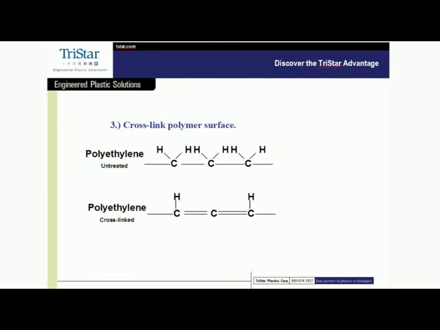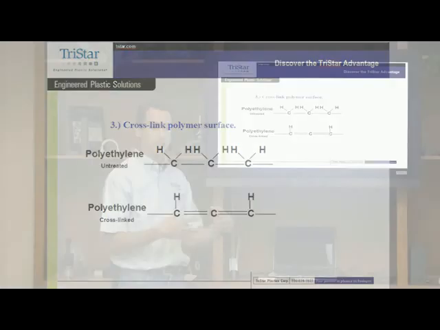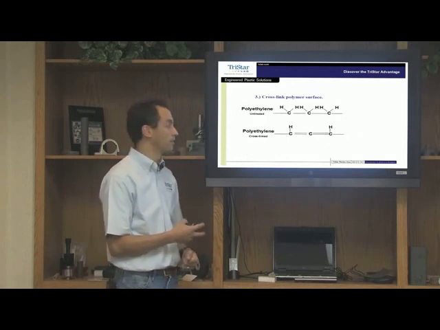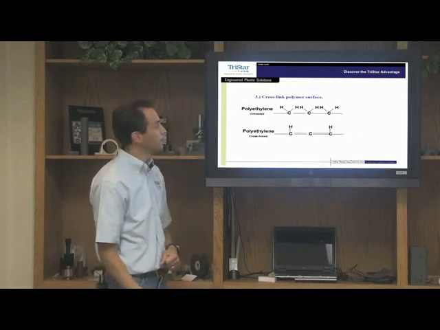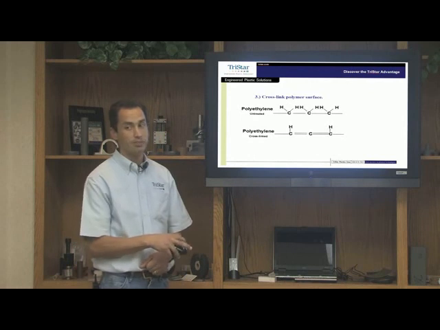So in this case, how this occurs is when we have an ion hit the surface of the polymer, all the molecules on that surface get blasted and bonds are broken. And in some cases, they rearrange and go to a much more stable state. And in some cases, that's a double bond. And when that occurs, that surface is much more stable and a little tougher. So plasma processing is actually capable of doing that.